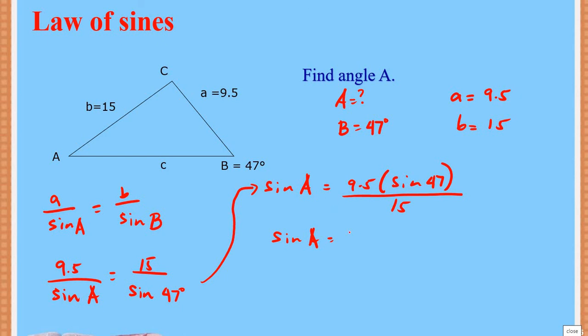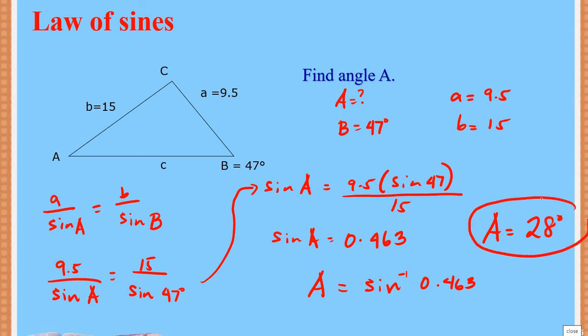The answer is 0.463. We get the measurement of the angle by getting the sine inverse of 0.463. In your calculator, we shift the sine. The answer is angle A is equal to, in the nearest degree, 28 degrees.